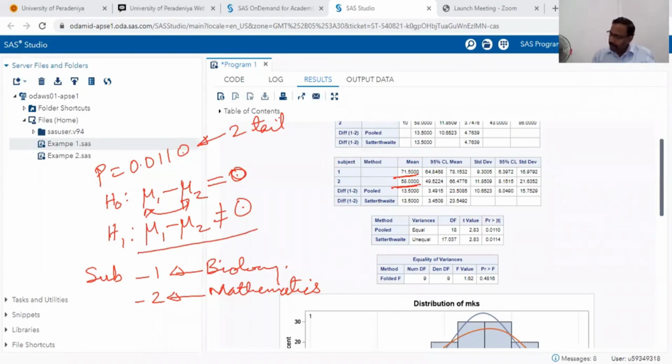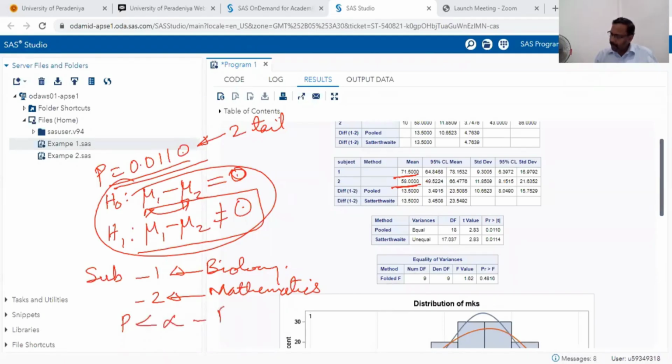Right. Now, if you test this concept, our p-value is this. So we could say our p-value is much lower than the alpha value. Therefore, we reject our null hypothesis.